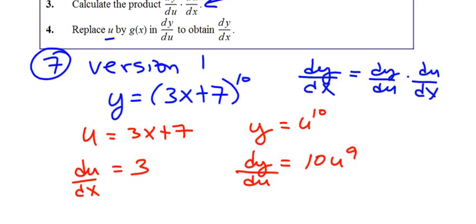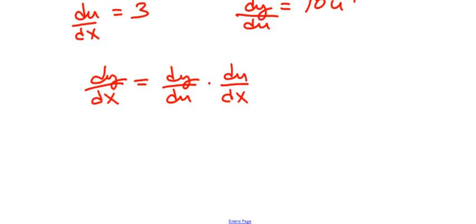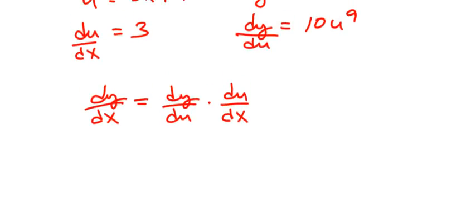So then for our equation, dy dx equals dy du times du dx, I'm going to replace into my equation what I found here for dy du and du dx.